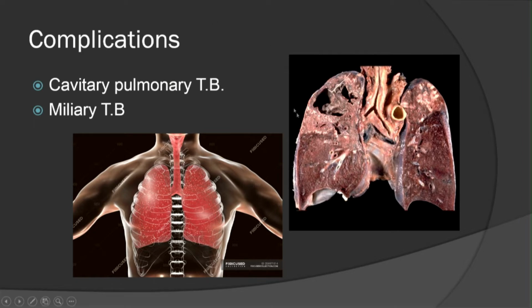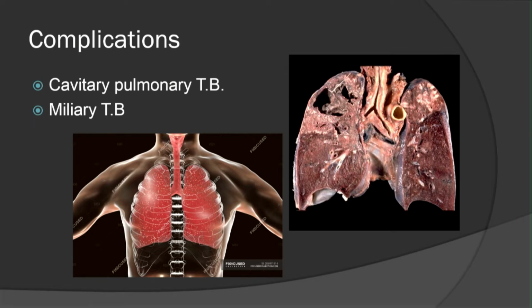As we can see here, there is cavitation, necrosis of the center of the granulomatous lesion of the TB in the lung, usually affecting the apex of the lung. This cavitation gives an indication that transmission of the disease is more likely.